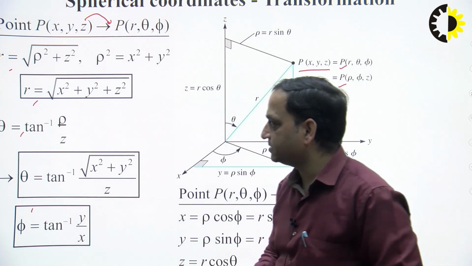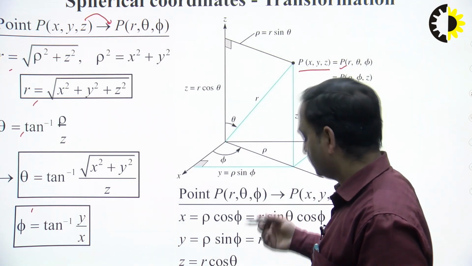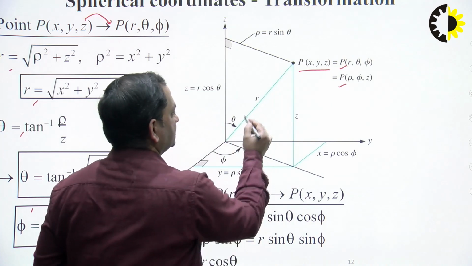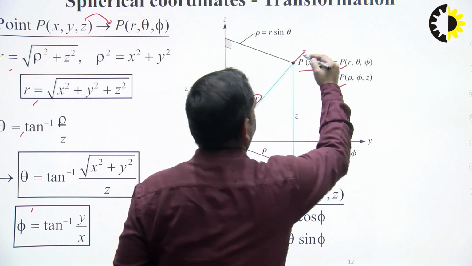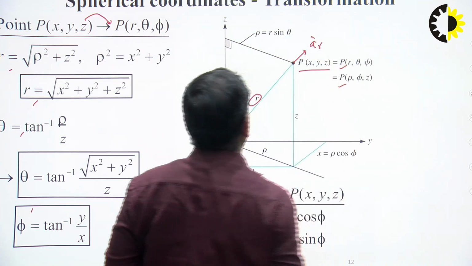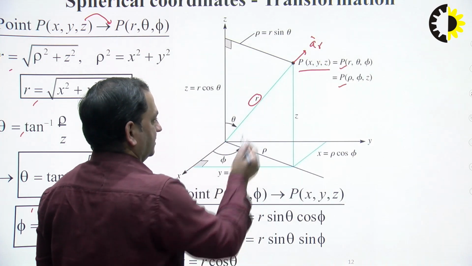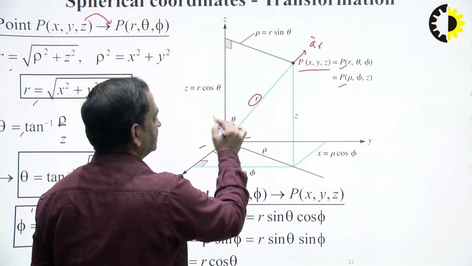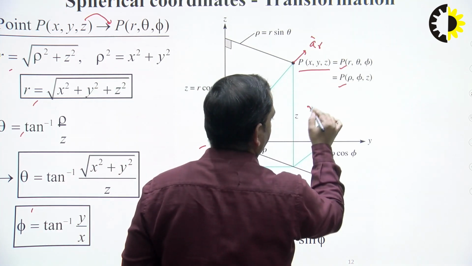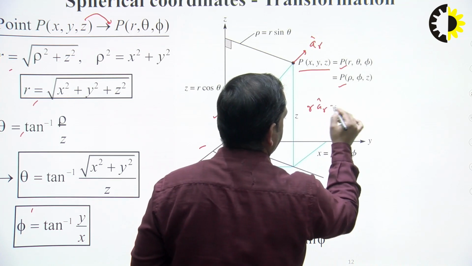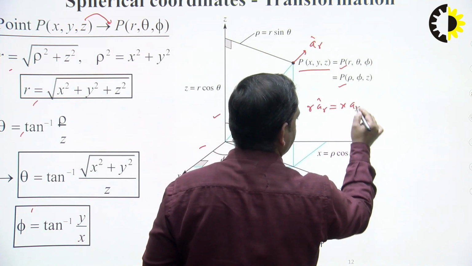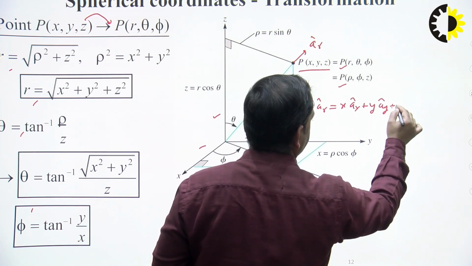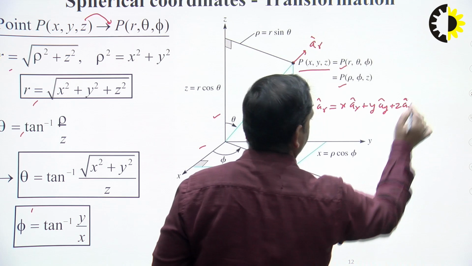So how can we write this? R. What is the r? R is the radius of the sphere. Direction of A is the AR, right? So this R is a resultant of X, Y and Z. So we can write it as R AR is equal to X AX plus Y AY plus Z AZ, right?